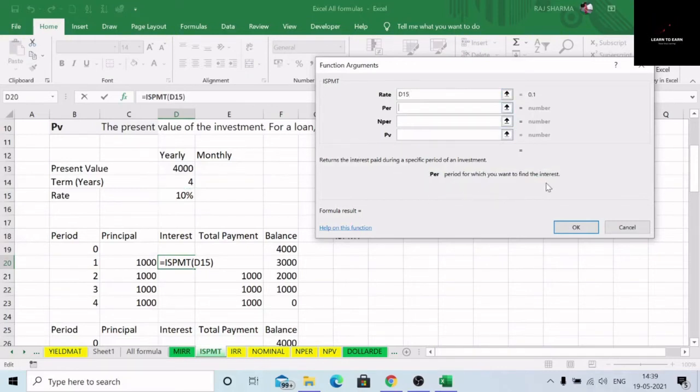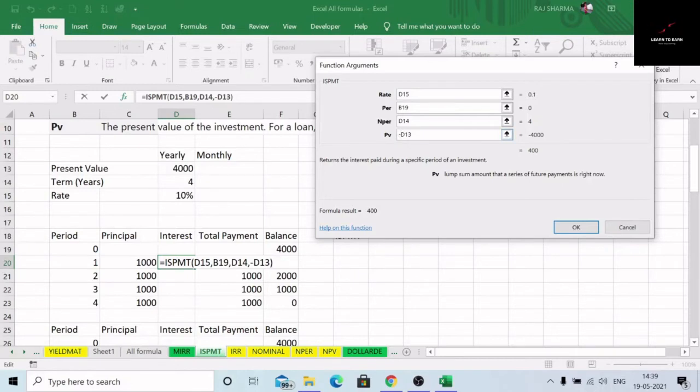Then the period for which you want to find the interest. I want to find it for the 0 to 1 period, so I select 0 here. The total number of periods is 4. The present value is 4,000. Another point to take care of is that we need to take the initial investment or loan in negative to arrive at the interest in positive.